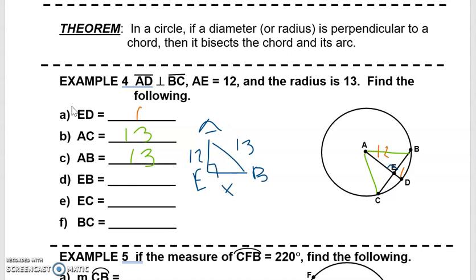So if you use the Pythagorean theorem, you could find this. So you would say 13 squared equals 12 squared plus x squared. And you would do the math and you would get 5. So this is 5.